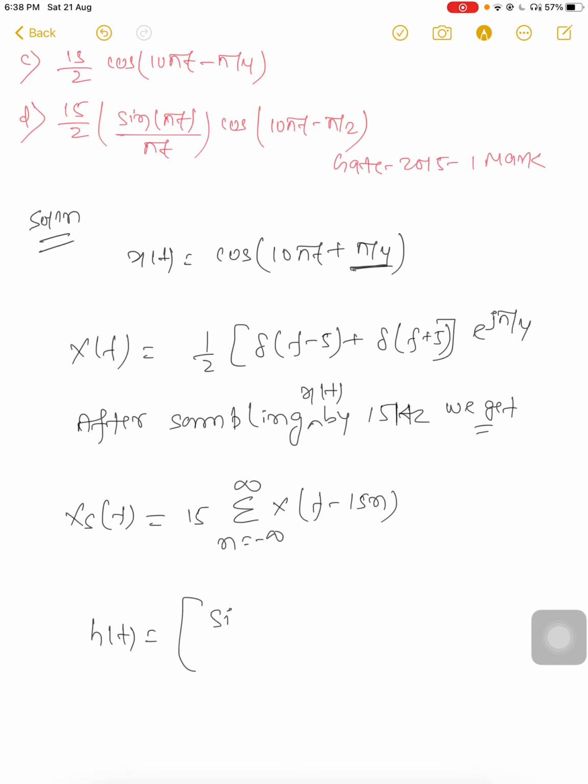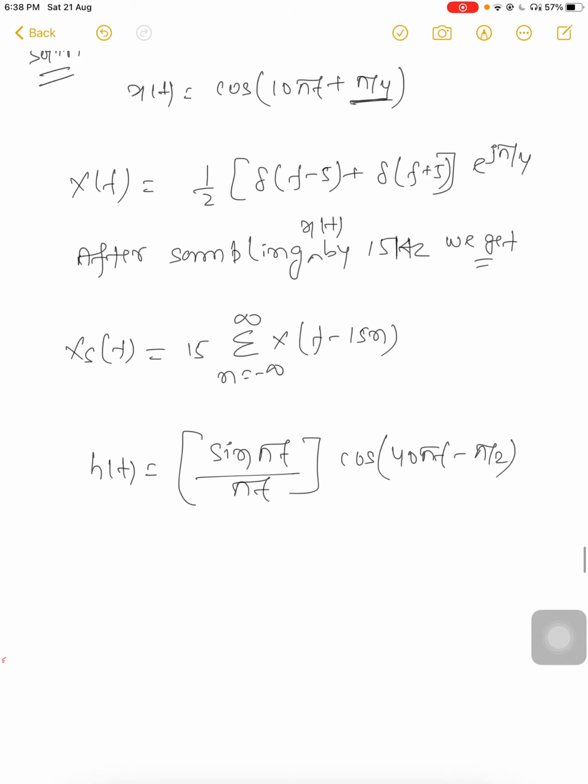So h(t) is given as sin(pi t) upon pi t, okay, and cos(40 pi t minus pi by 2).